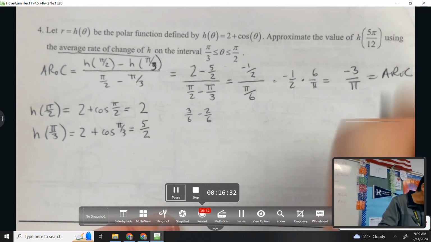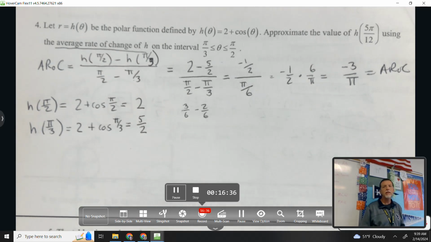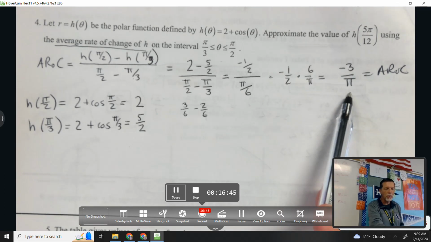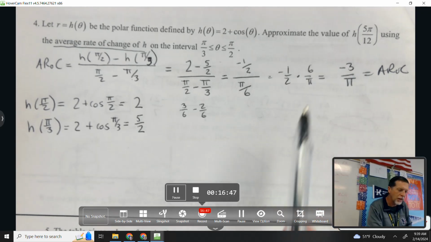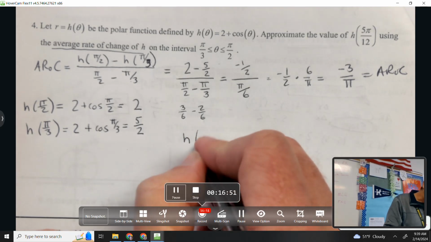Now, that's not my answer. That's the average rate of change. So as I move from pi over 3 to pi over 2, I'm going down 3 over pi for every radian that we go. So let's see. We want to land at 5 pi over 12.